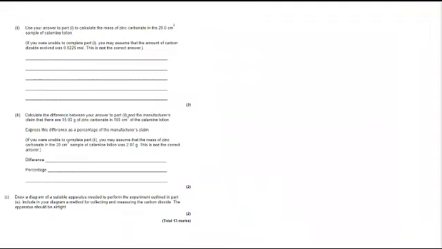Use that answer to calculate the mass of zinc carbonate in the 20 centimetre cubed sample of the calamine lotion. There is an alternative here, but I'm going to work with the correct figures. So 0.0234 moles. Based on the fact there is a 1-to-1 mole ratio that you would need to be able to deduce, that means we have 0.0234 moles of zinc carbonate.